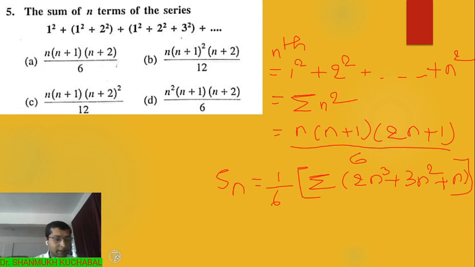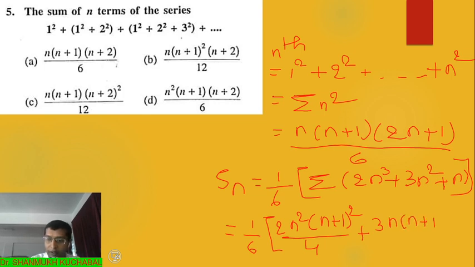Right, like this we are going to get it. So further, 1 by 6, 2 as it is, summation of n cube, n square, n plus 1 whole square divided by 4, plus 3 summation of n square, which means n into n plus 1 into 2n plus 1 divided by 6, and summation of n is n into n plus 1 divided by 2.